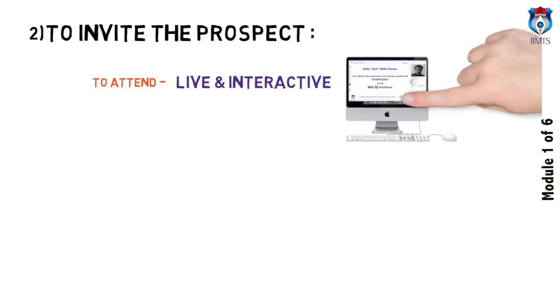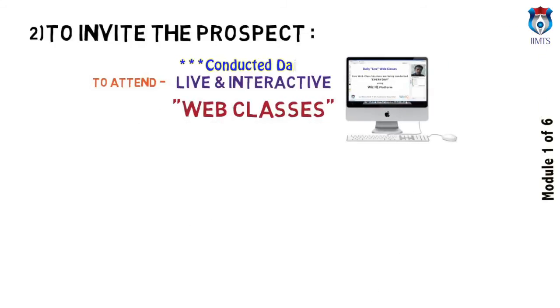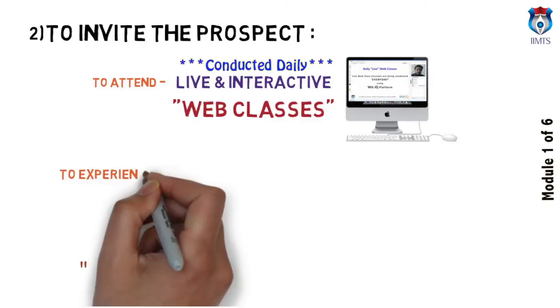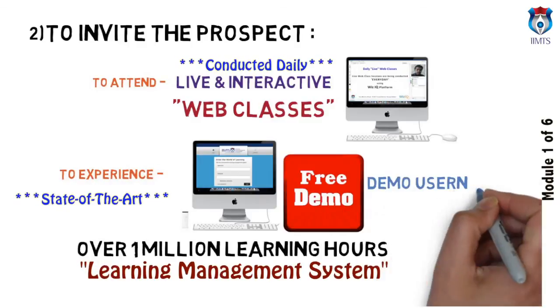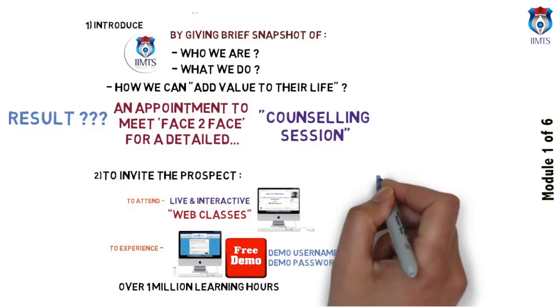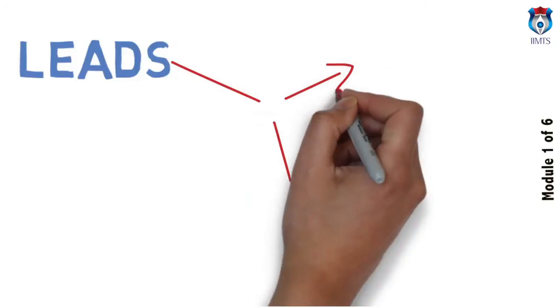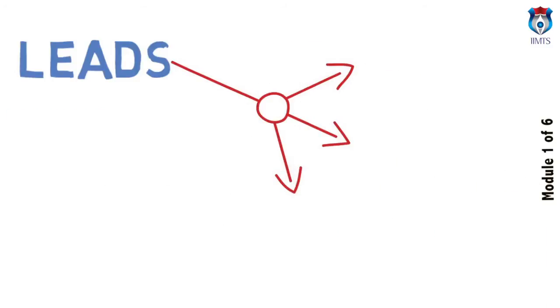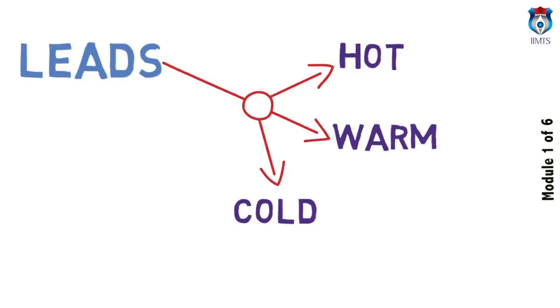And also to invite them to attend the live web class session conducted daily and to experience the LMS system using the demo ID and password. This will also help us filter the leads properly right from the beginning and categorize them into hot, warm, or not interested leads.